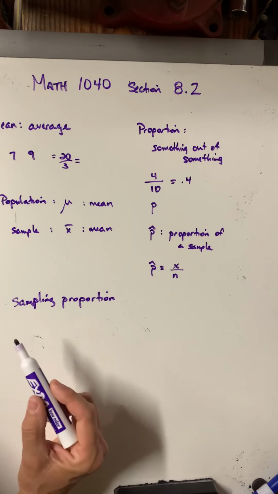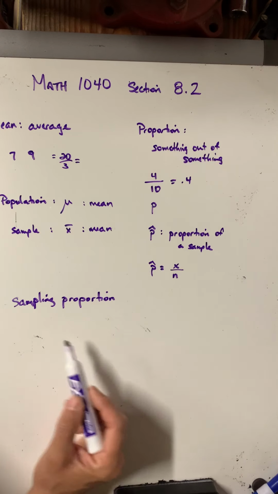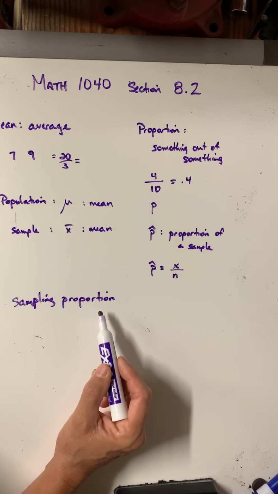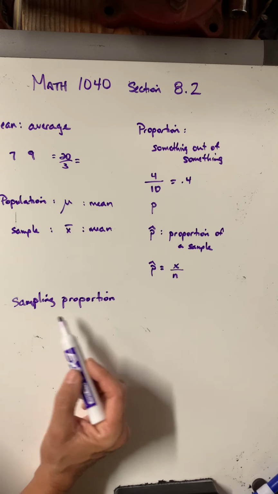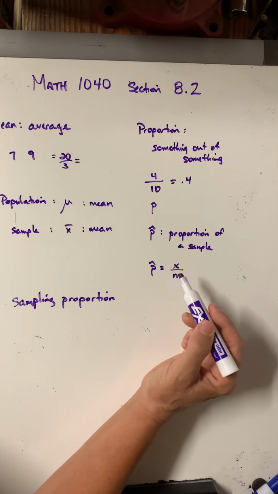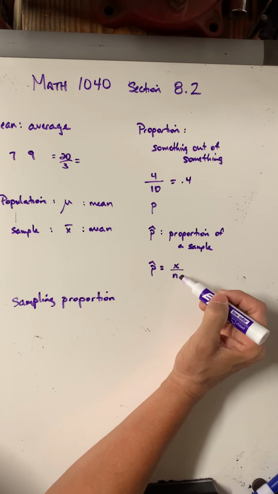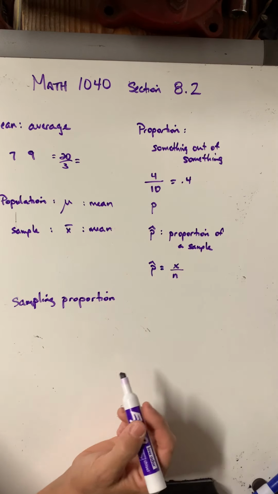And if I found the mean of each of those groups of 3 and then took all of those means and averaged them, that would be a sampling mean. So in this case, we're talking about a sampling proportion. So you take a sample size out of the bigger size, find its proportion. Should it be the same as the original proportion?